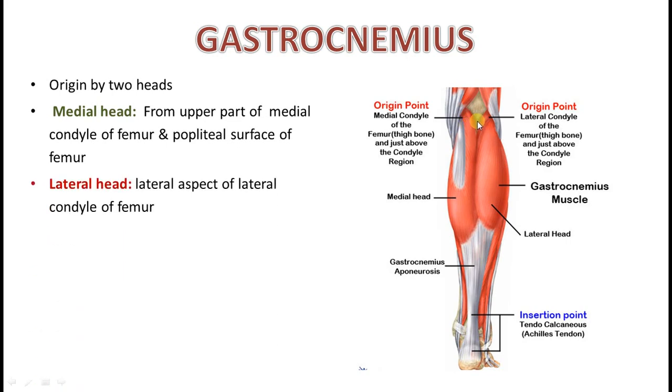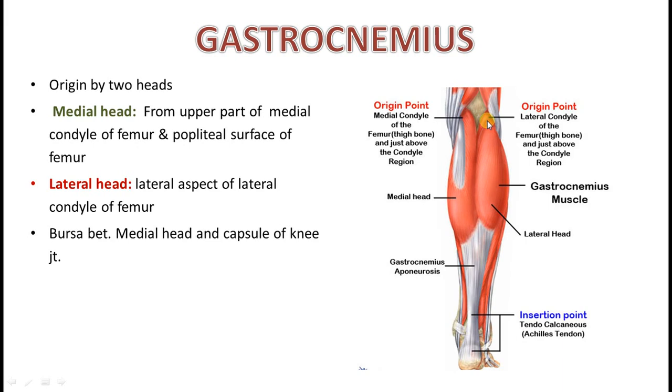The lateral head arises from the lateral aspect of the femur, and also below that lateral condyle you have the groove for the popliteus. From that also it arises. Okay. There is a bursa between the medial head and the capsule of the knee joint. So at the origin of the medial head and the knee joint, there is a bursa.